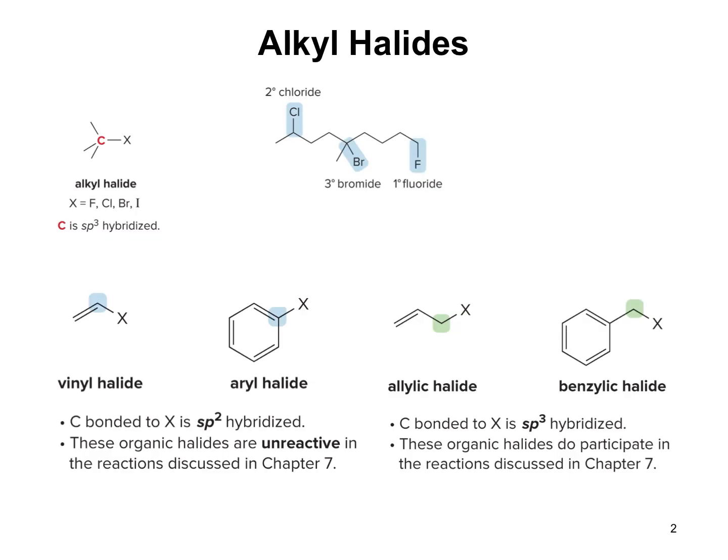Now, alkyl halides, as I mentioned before, are organic molecules that contain a halogen bonded to an sp3 hybridized carbon. The halogen atom in halides is often denoted by this X here, so that's what we're going to use generically. Alkyl halides are classified as primary, secondary, and tertiary, depending on the number of carbons bonded to the carbon with the halogen atom.